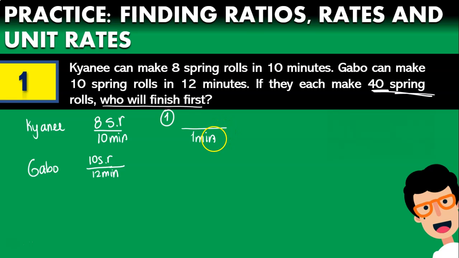So in order to transform from 10 minutes to 1 minute, we are going to divide by 10. And whenever we divide the denominator by 10, we're also going to divide our numerator. So if we divide 8 by 10, it's going to be 0.8 spring rolls.